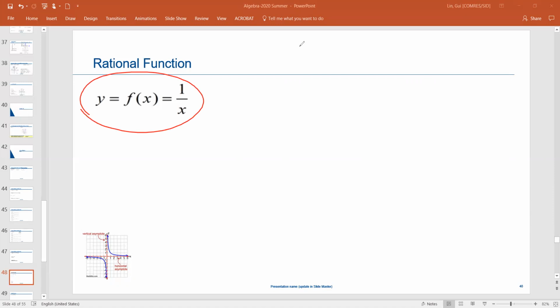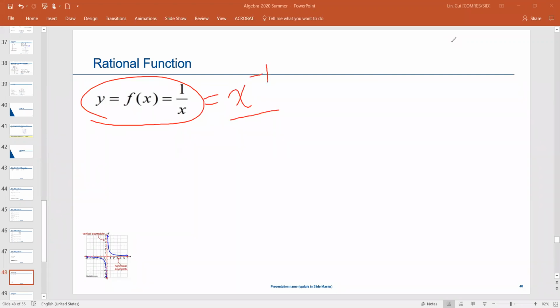When we say y equals x, this is a linear line. When we say y equals x squared, this is a parabola, right? But right now, if we change it into, like, this one, which we can rewrite as x to the negative 1, this is called a rational function.